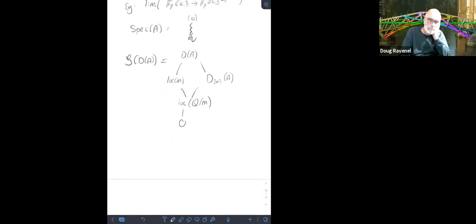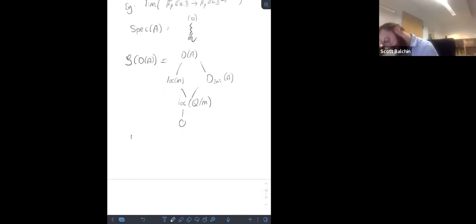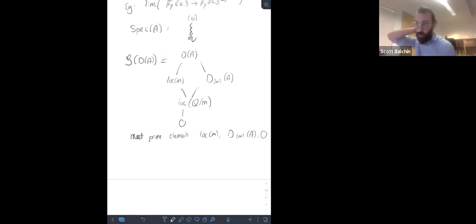So we get meet prime elements: the localizing subcategory of Q/m, this D_m(A), and the subcategory 0. Because this frame is finite, it's going to be coherent.